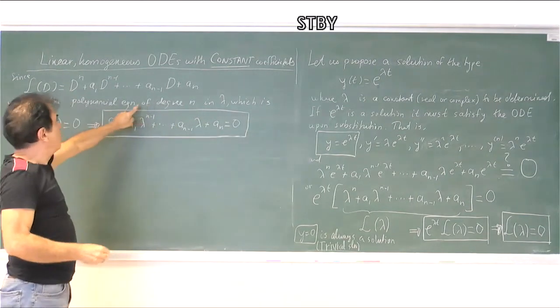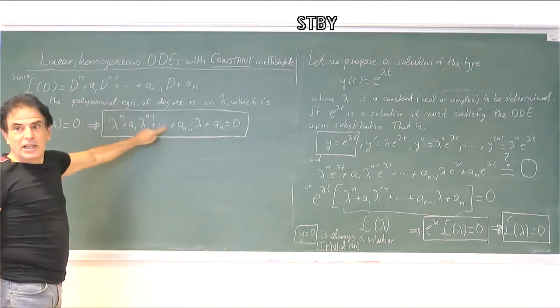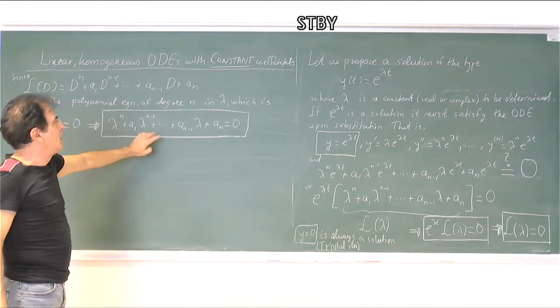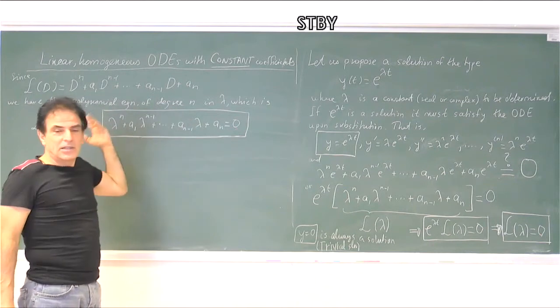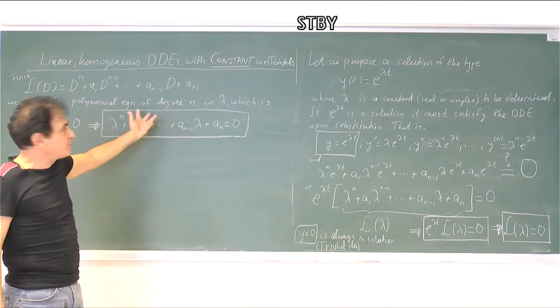So this is a polynomial equation in lambda. Actually, the left-hand side is a polynomial of degree n in lambda. So this is a polynomial equation which must be 0. In other words, we have to find the roots of this polynomial equation.